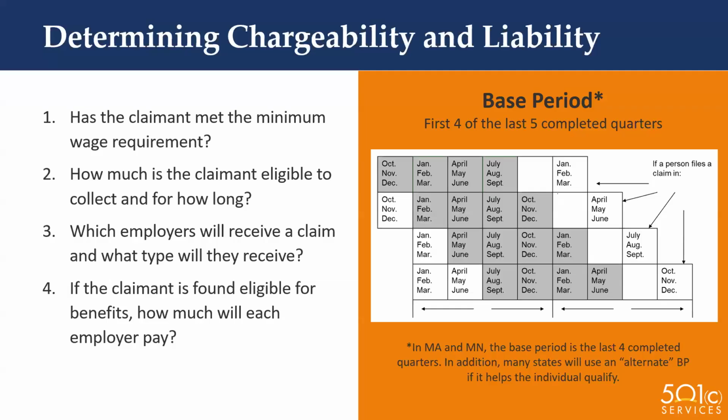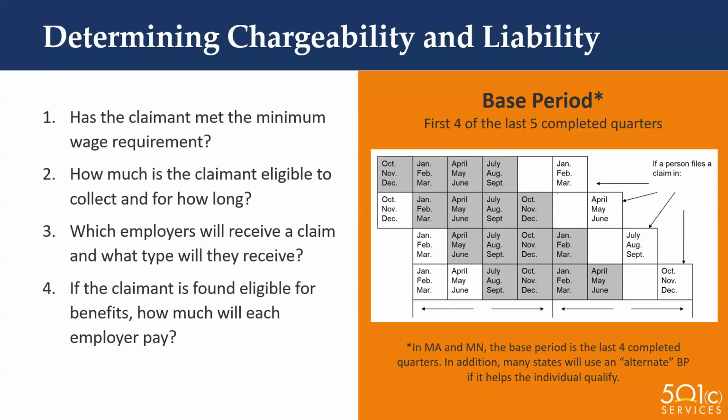So what is the point of the base period? Why is this the first thing that they do? So you'll see on the left side of the screen, it's going to tell the state a lot of things. Number one, that base period is going to tell the state, has the claimant met the minimum wage requirements? So they're going to look at their earnings during that period and see if they met the minimum thresholds to be eligible.